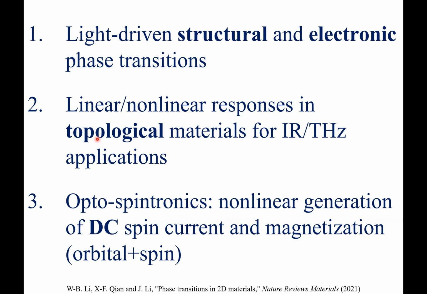And in the second part, I talk about how to increase the linear and nonlinear responses. It was shown that generally by having a topological band inversion, you can greatly increase the interband matrix element. And by crystal structure selection, you can also increase the joint density of states in the maximum hat band structure. And that can be used for IR or terahertz photodetection.